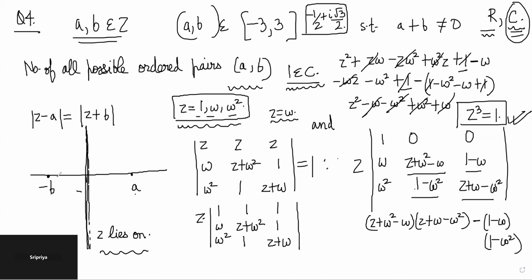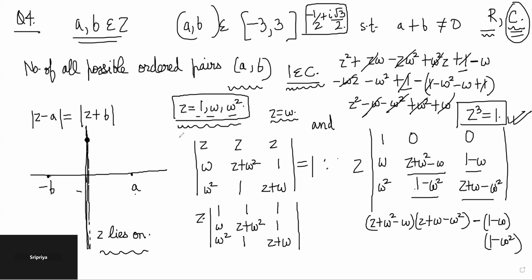If that was the case, it is possible that Z could be W, then the real parts of these have to add up to minus 1, right?